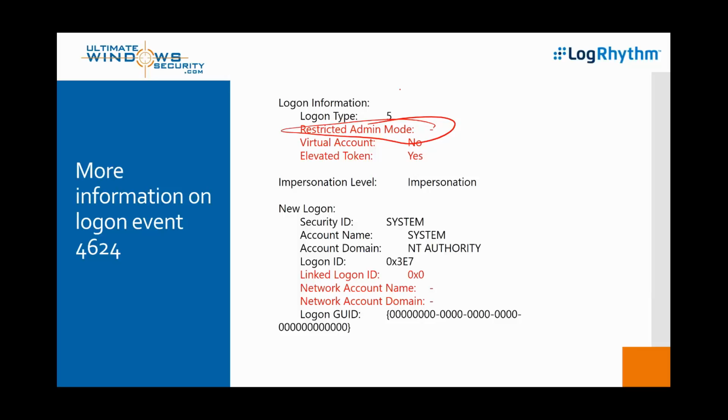In trying to combat pass the hash attacks, one of the features that's become commonly accepted best practice is, when you remote desktop into a computer, to use restricted admin mode on that remote desktop session, so that your credentials are not stored in such a way that pass the hash and Mimikatz can easily get a hold of them on that target system you're already RDPing into. So when we see logon type 10, then we would want to see restricted admin mode equal yes.